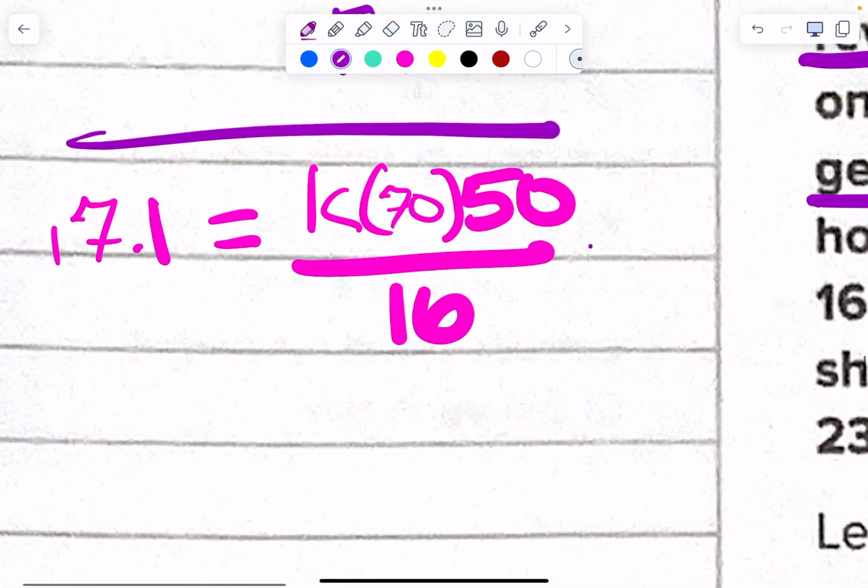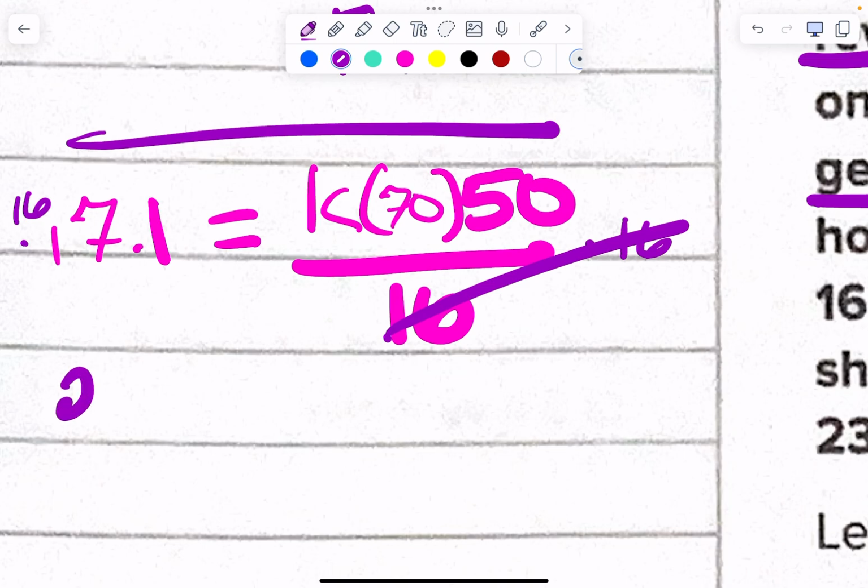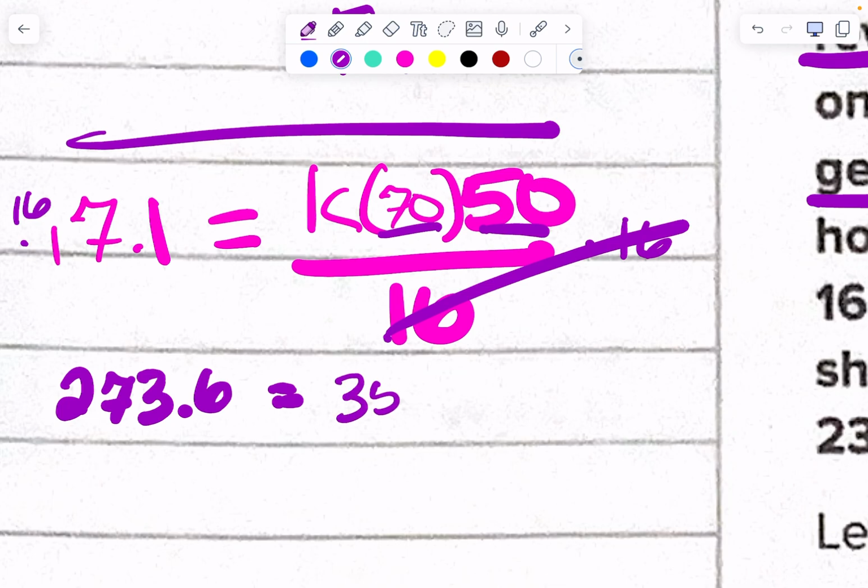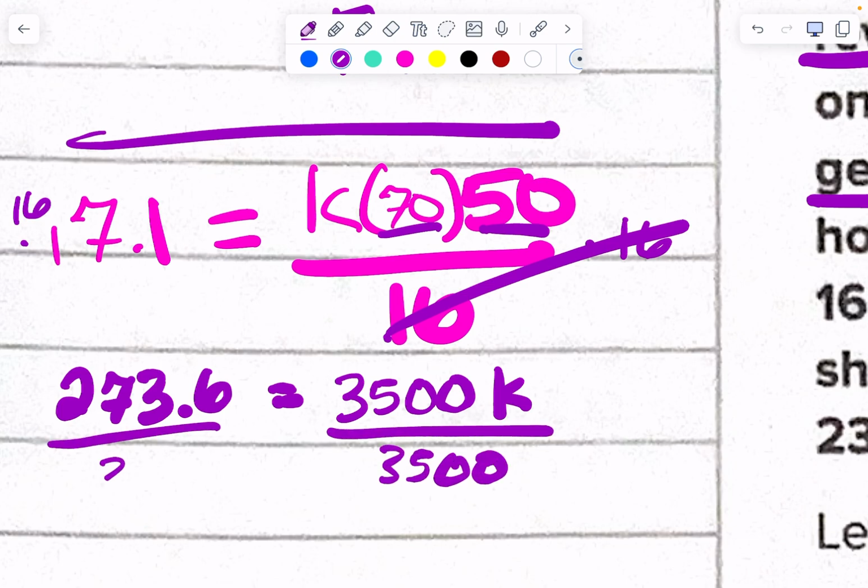All right, multiply by 16. What's 17.1 times 16? 273.6. 273.6 equals, what's 70 times 50? 3,500 times K. You got to watch, guys. If we're solving for K, we're dividing by 3,500 because I multiplied those.